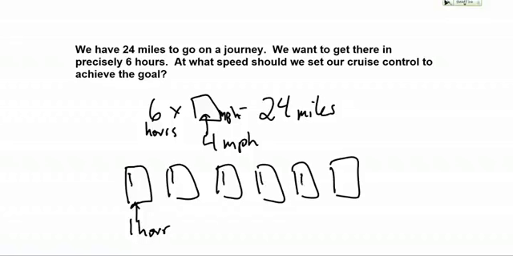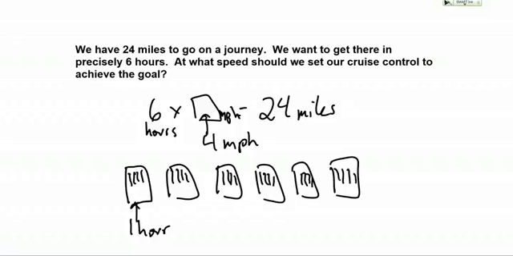We've covered 6 miles now, and we still have 18 miles to fill, and so we put each of those miles into another hour. Now we have 12 miles still to go, and we have 2 miles in each one of those hours, and we can continue doing this and get 4 miles in each one of the hours.